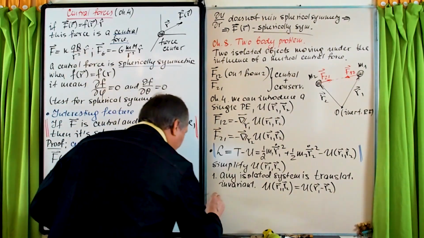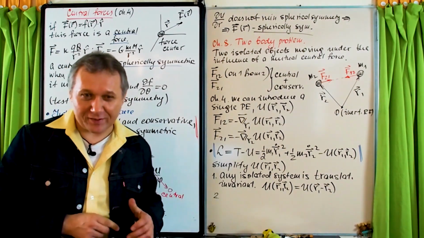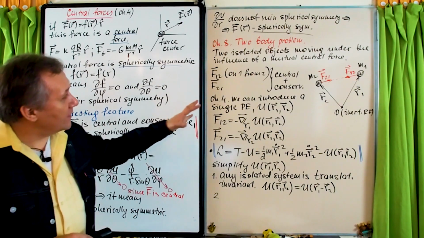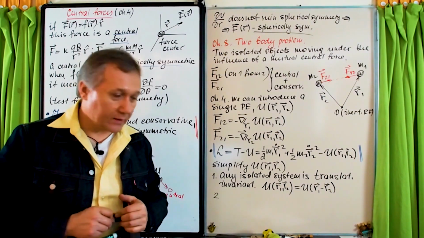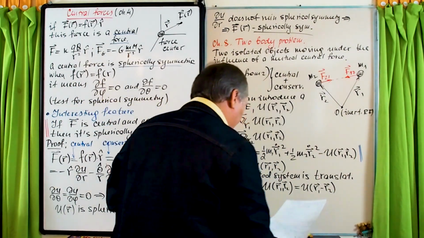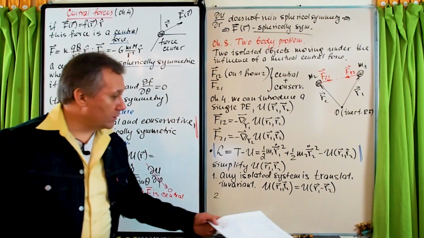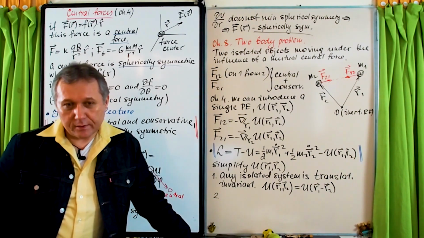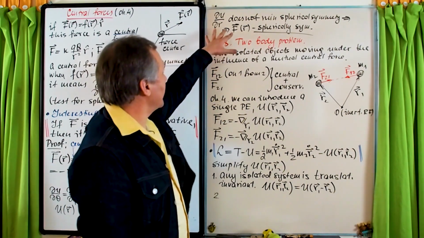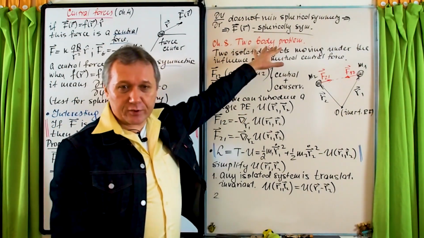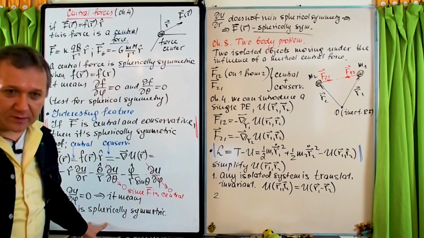Now the second step in the attempt to simplify the potential energy. We just said that these forces are central and conservative, and we saw that they will also be spherically symmetric. We saw in the last step of this proof that spherical symmetry of the force and spherical symmetry of the potential energy follow from each other immediately.